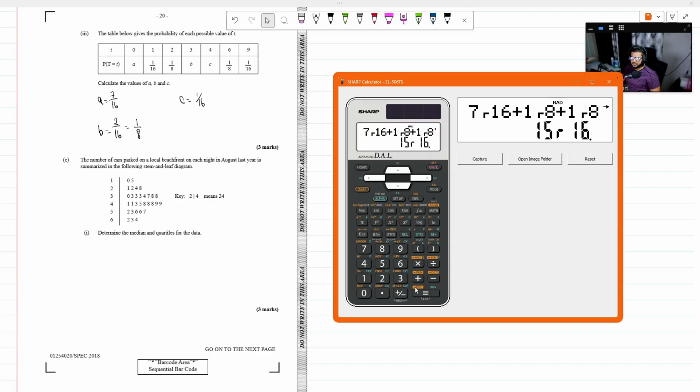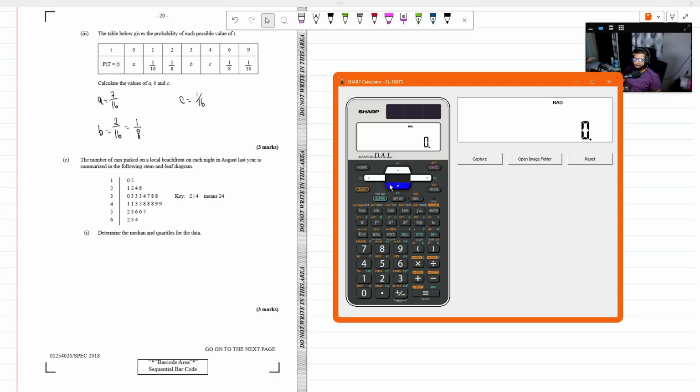We're missing something. I have 1, 2, 3 eighths. And I have 7, 8, 9, 10. 10 out of 16 plus 3 eighths. Yeah, good. I missed out a value.